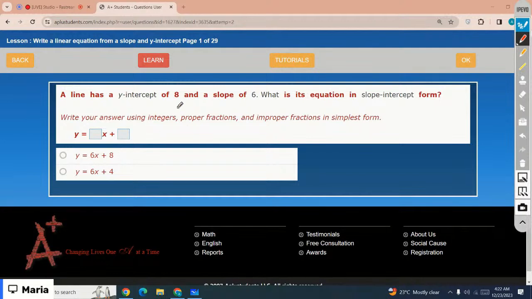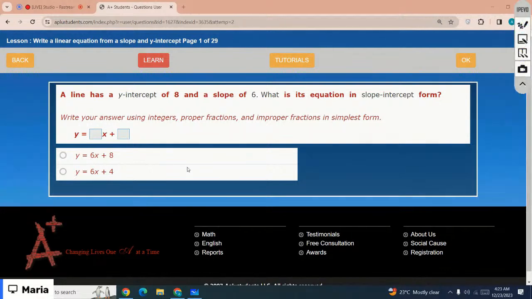B equals 8, m equals 6. Here y equals mx plus b. So option number 1 is the correct option, that is y equals 6x plus 8. Option 1 is the correct option.